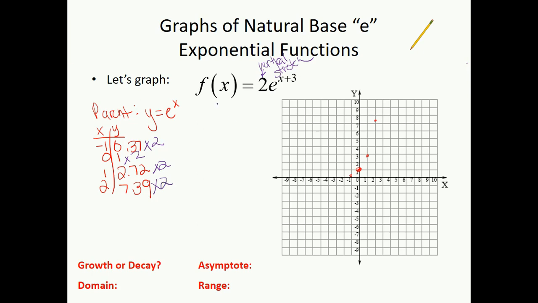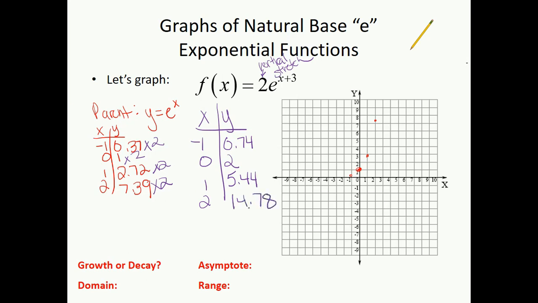My new table, x's haven't changed a bit, but my y's, for -1 I now have 0.74. I have 2 for 0. 2.72 times 2, that's 5.44. And then 7.39 times 2 is 14.78.